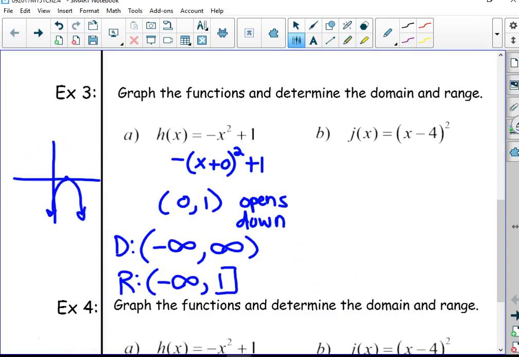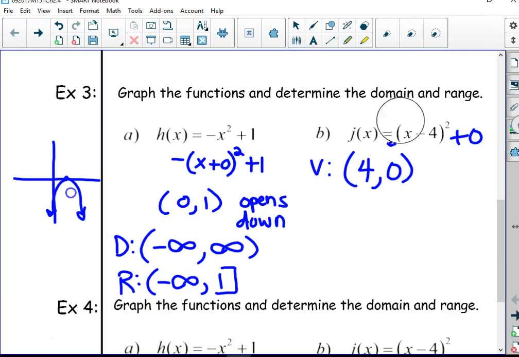All right, I gave you B, which is already in vertex form. That means our vertex is at, it's negative 4 here, so positive 4, we move right 4 and up 0 because we don't have any number being added. Again, this one has a positive A, so no number there, we assume it's positive.